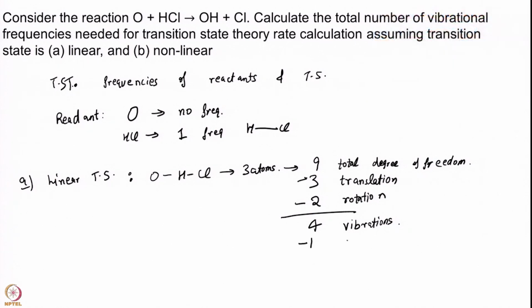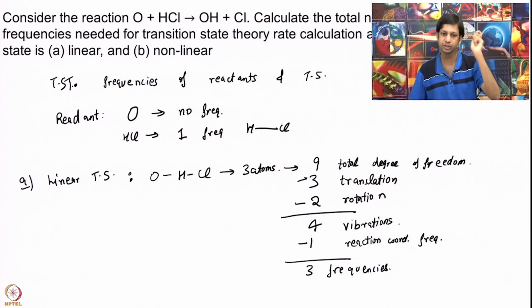So, minus 1 reaction coordinate frequency, which is an imaginary frequency. So, 3 frequencies. So, if the transition state is linear, I need to calculate 1 frequency for HCl and 3 frequencies for OHCl.